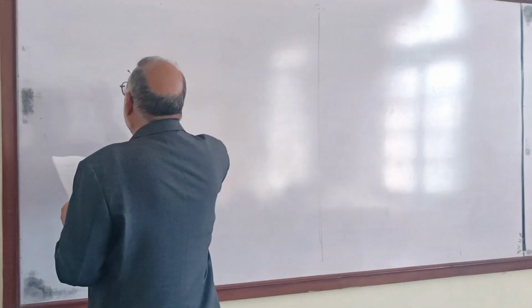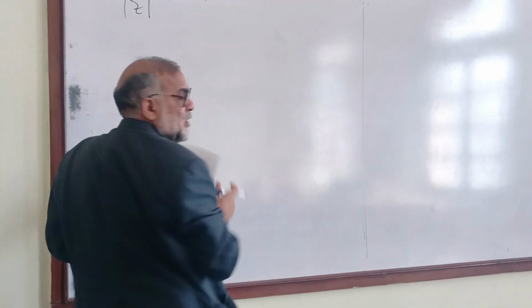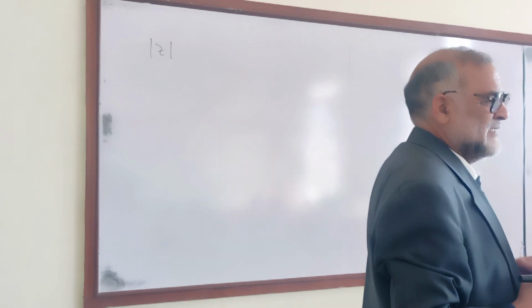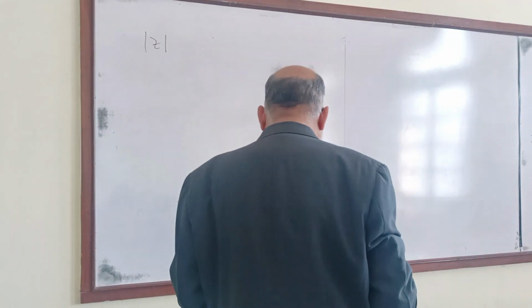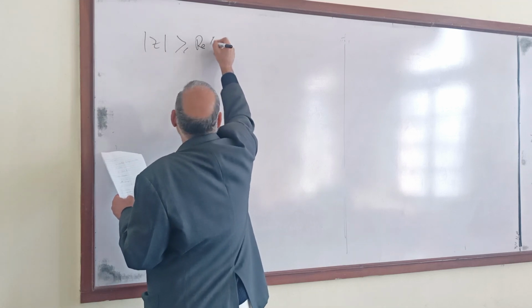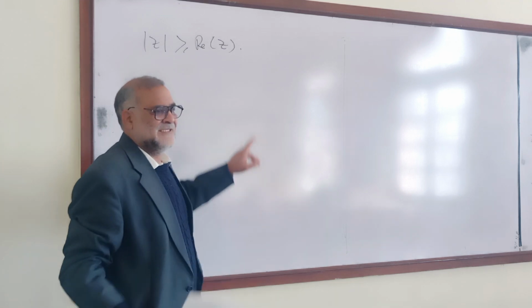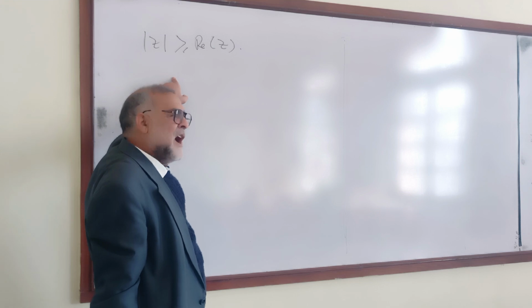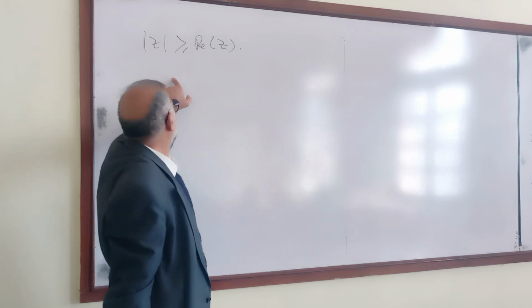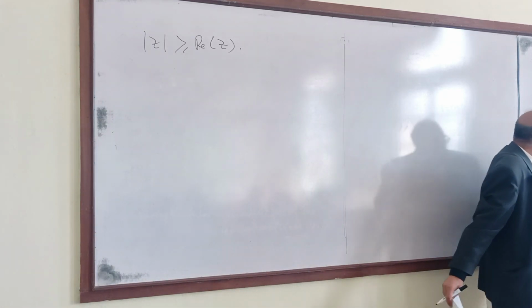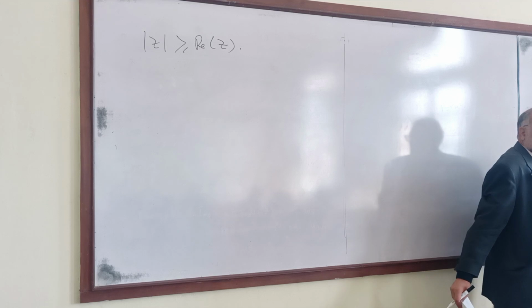Okay, so the modulus of z, which is the magnitude of a complex variable, is greater than or equal to the real part of z. If the imaginary part is equal to 0, then z is equal to x, which is the real part.